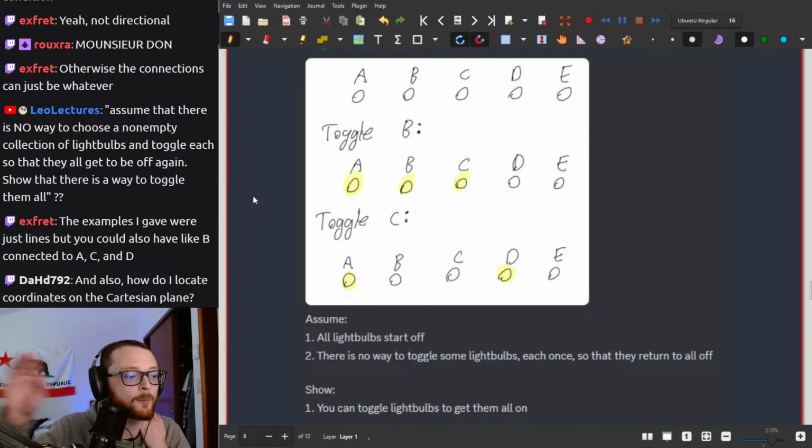Basically, all the light bulbs start off, and you're assuming there's no way that you can toggle a bunch of switches on and somehow they become off. So if you had just two light switches, A and B, you could toggle both A and B, and they would end up being off.